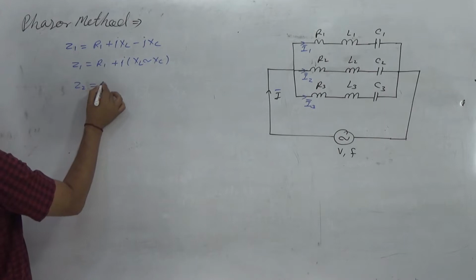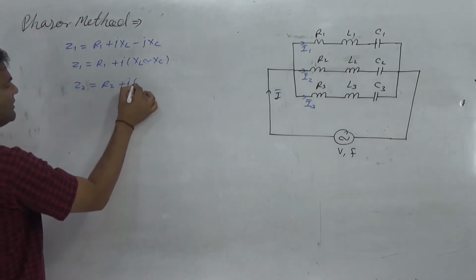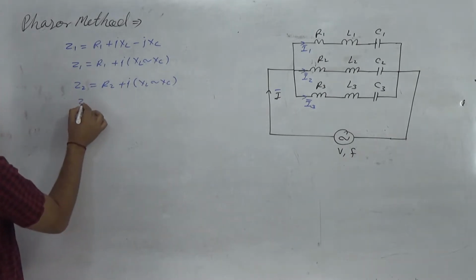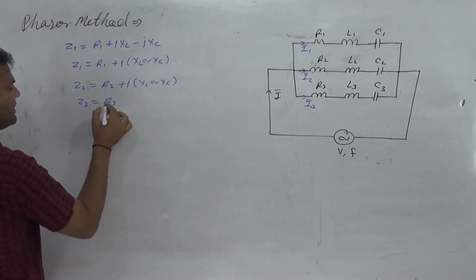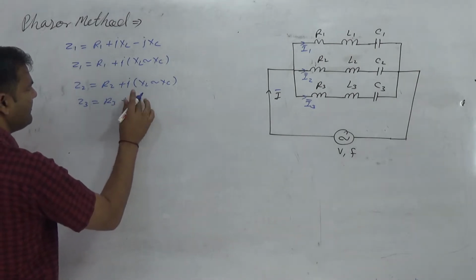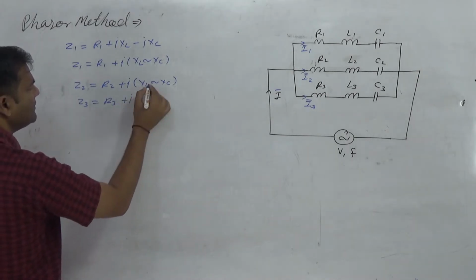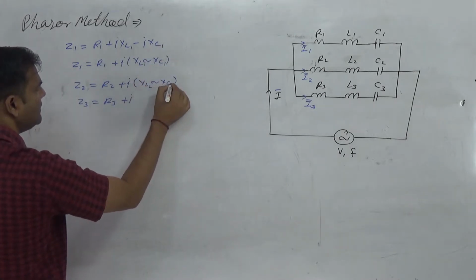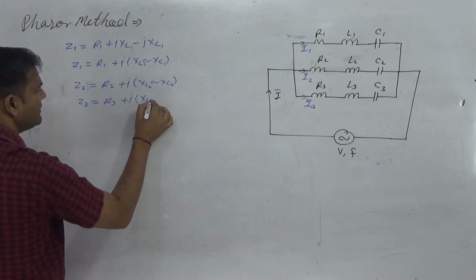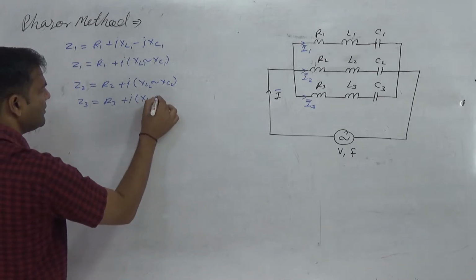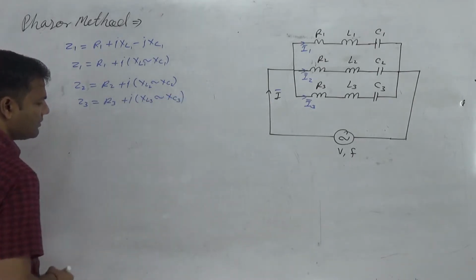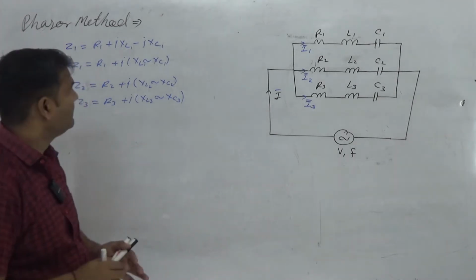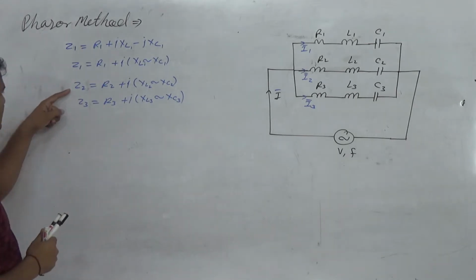Similarly, Z2 is written as R2 plus jXL2 minus jXC2, and Z3 is also written as R3 plus jXL3 minus jXC3. This is Z1, Z2 and Z3.